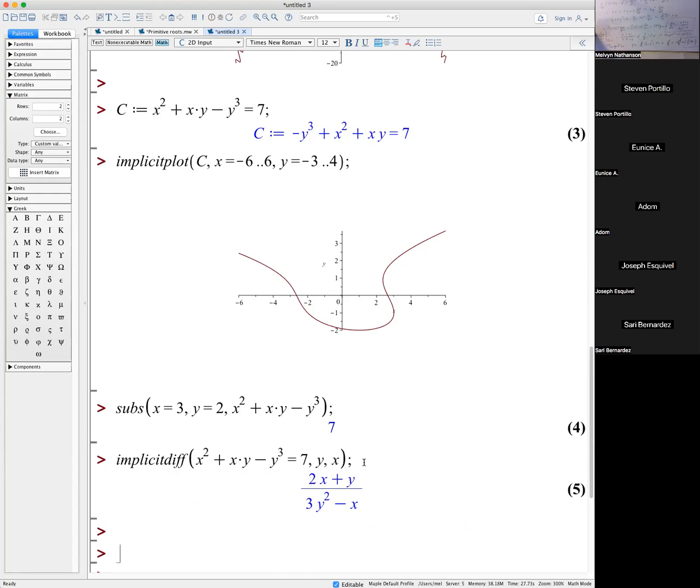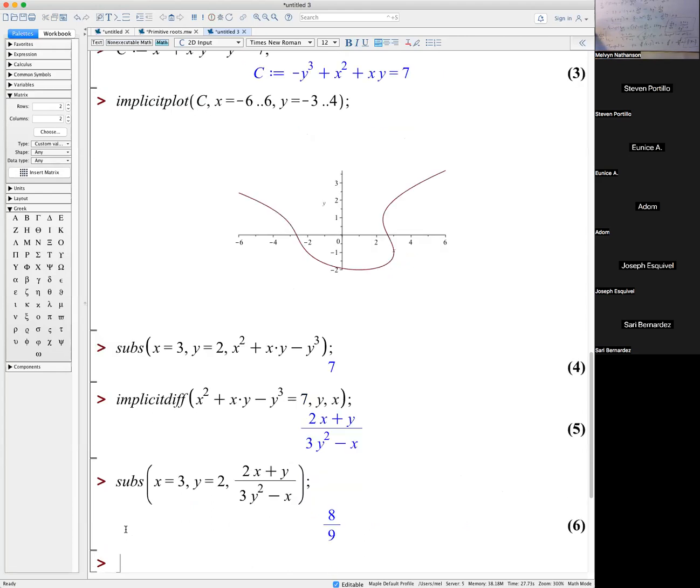Yeah, that's the derivative. And so in this derivative, if I substitute x equals 3, y equals 2 into this expression, I get 8/9.